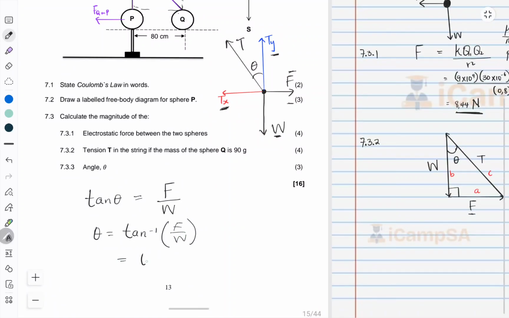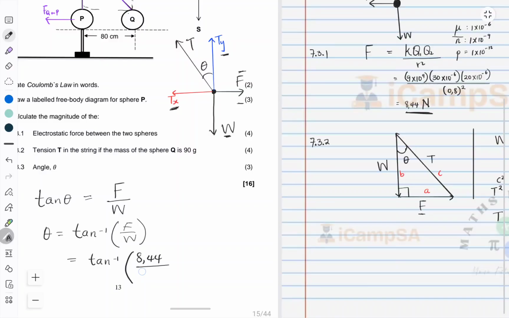And then from there, my F was 8.44. And then my weight, what did I find weight to be? 0.882. That's a weird weight. So what do I find here? 8.44. I get a theta of, it's a very big theta. We must check it out.